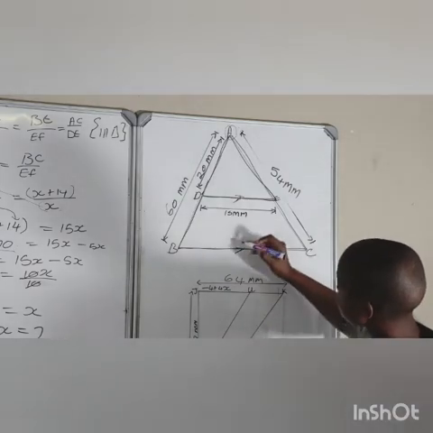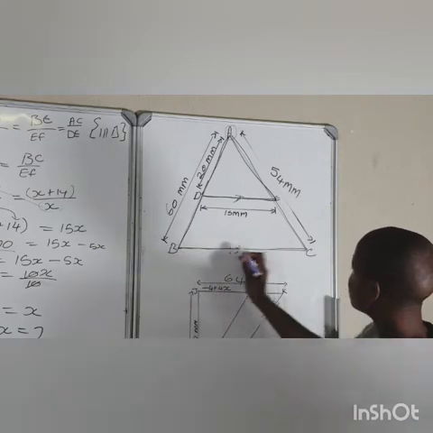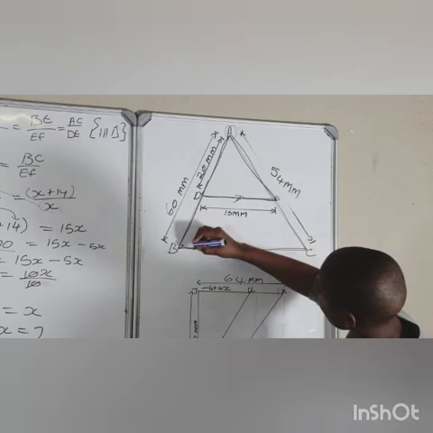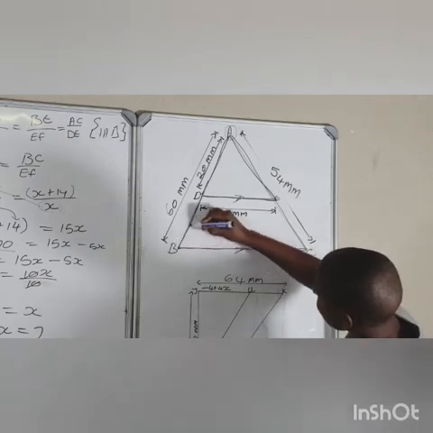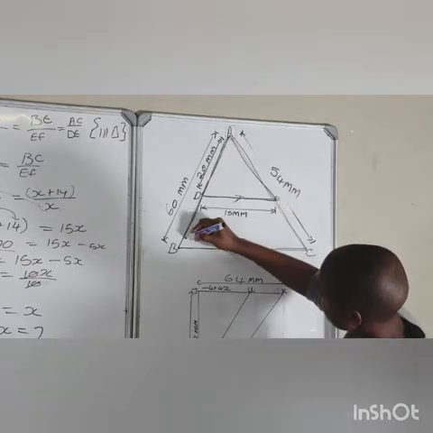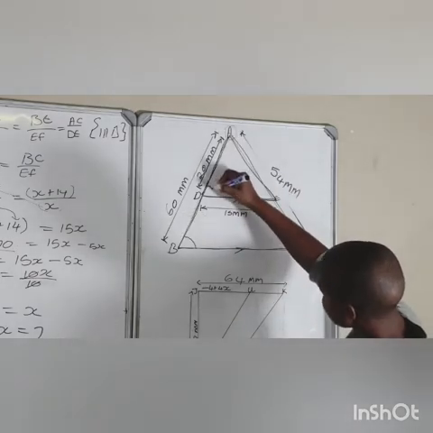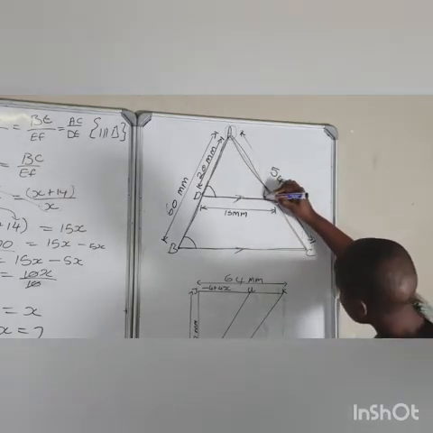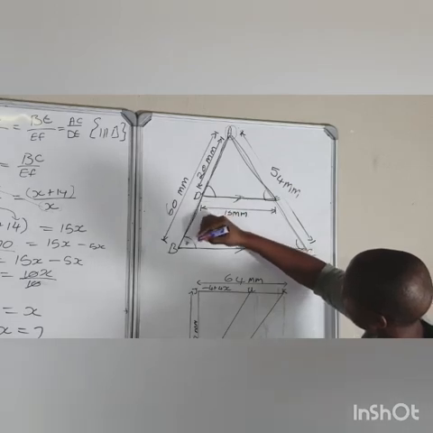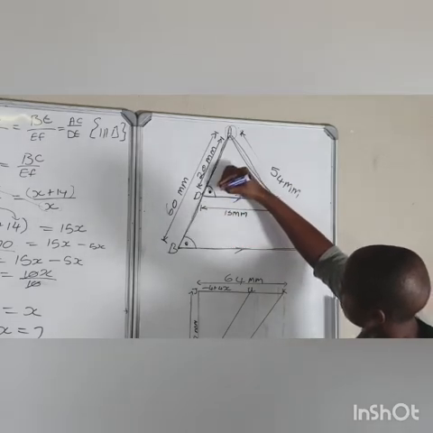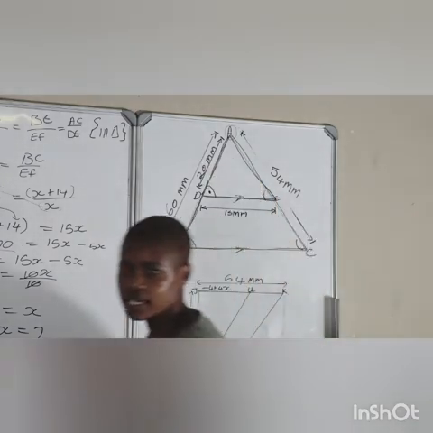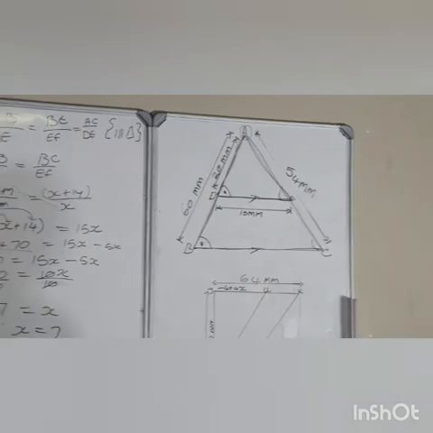If you can see that lines BC and DE are connected by BDA, it means angles are formed here and there. So this angle here is equal to this angle here. Why? Because they are corresponding angles of parallel lines.